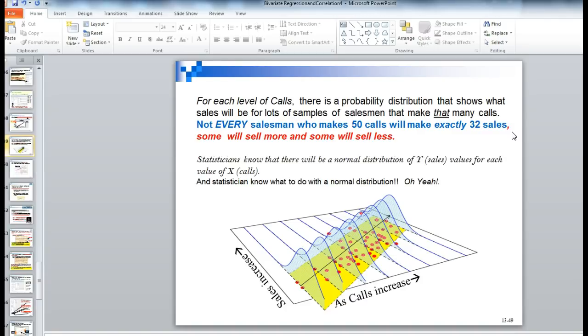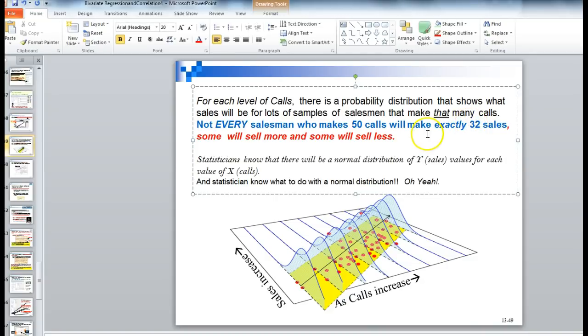If you took a good sample that is representative of the population, you have so much information. For each value of X, as the number of calls increases, sales will also increase, but it's going to be a probability distribution. So not every salesman who makes 50 calls will make exactly 32 sales. Some will sell more and some will sell less.